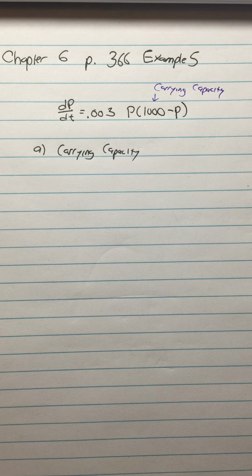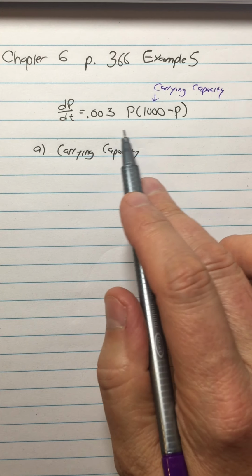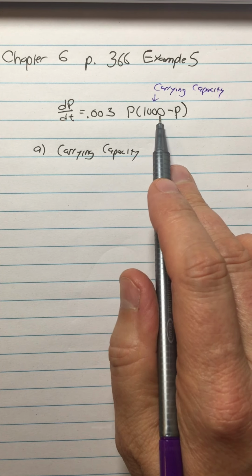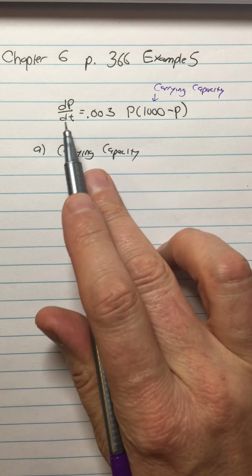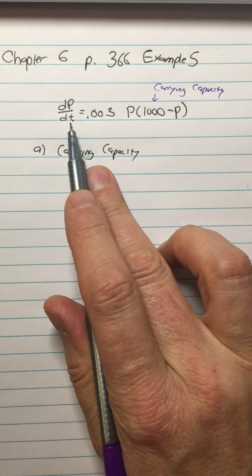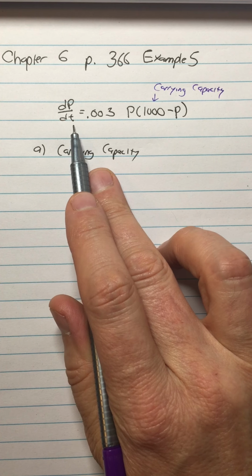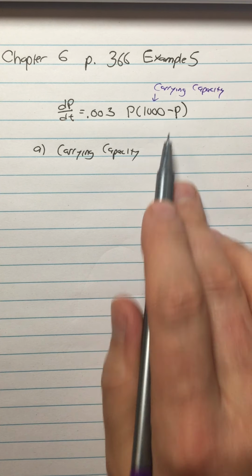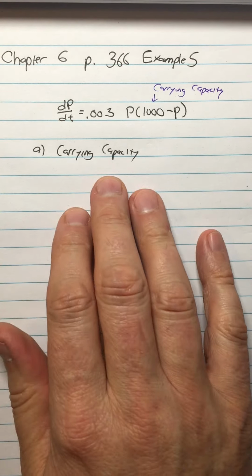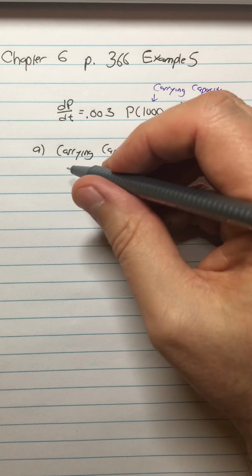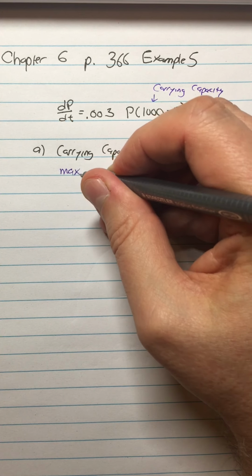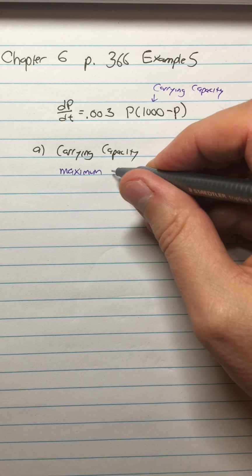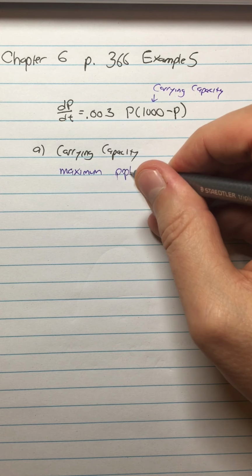Well, they'll never get to that point because as they start to get near a population of 1,000, their reproduction rate is going to drop off until they're not producing anymore. So they're never going to get to 1,000, and they're certainly not going to get over 1,000. So that's called the carrying capacity. It's also the maximum population, another way to think of that. That's why they use M for it, maximum population.